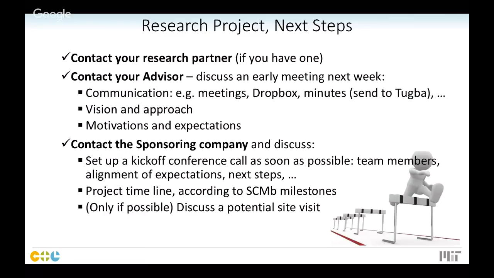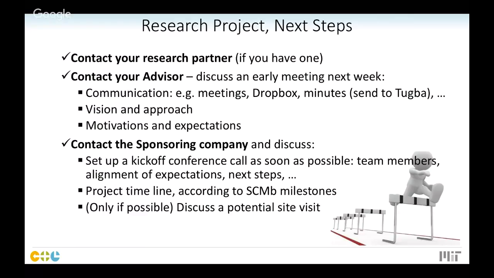So stress communicating, and organize the meetings with clear goals and clear expectations. We recommend you use Dropbox because it's a very easy way to share information, your progress, and the literature you are going to use.